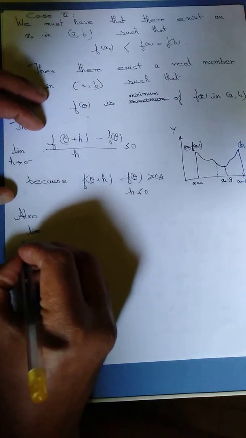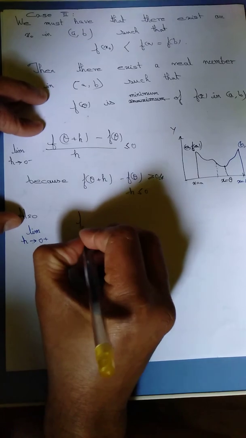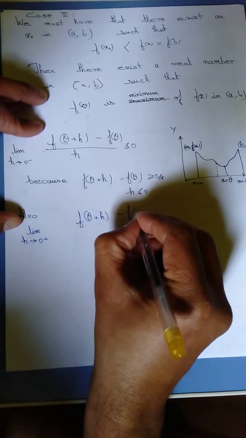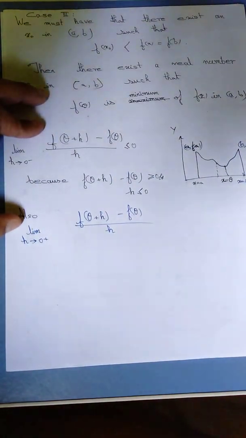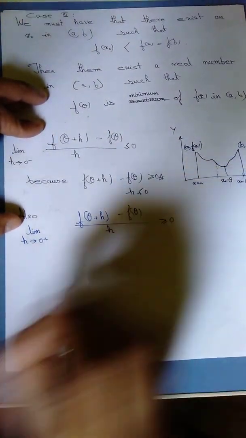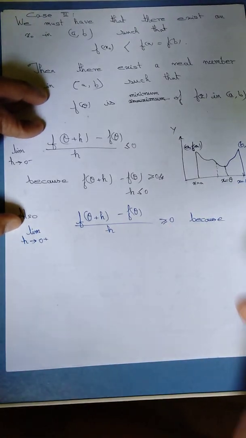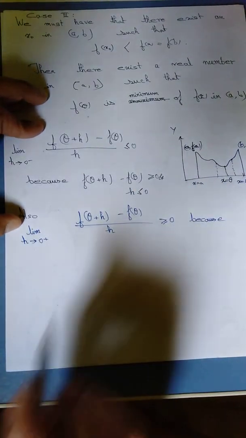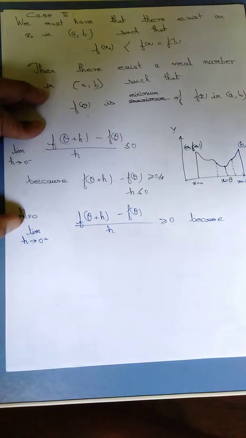Limit h tends to 0 plus, [f(theta + h) - f(theta)] by h, that has to be greater than or equal to 0, because f(theta + h) is bigger than f(theta), so again the numerator remains positive and the denominator also remains positive because h is positive.